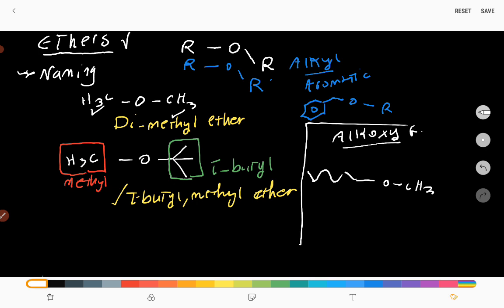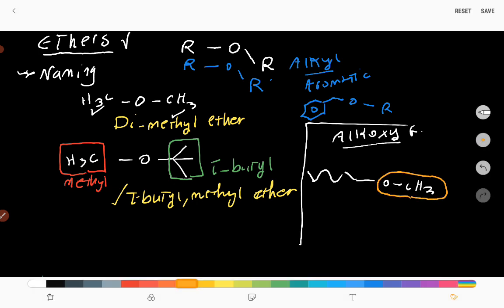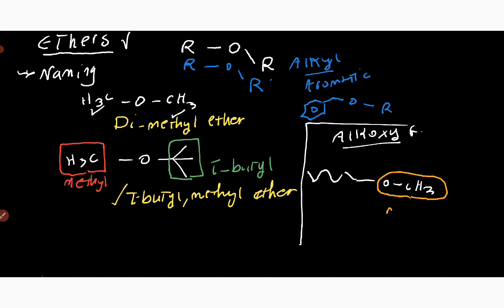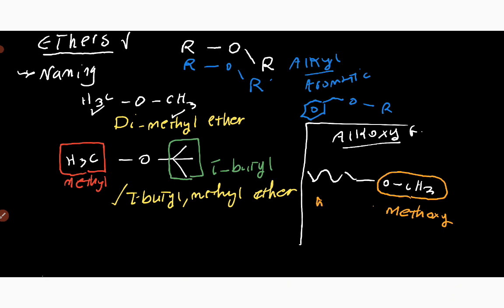You can say the name like an alkoxy substitution. You take this side of the molecule as the alkoxy, and you say methoxy. So what is attached to the methoxy? It is hexane.